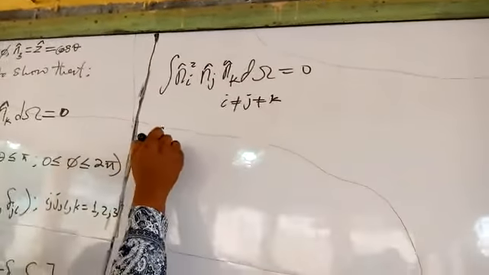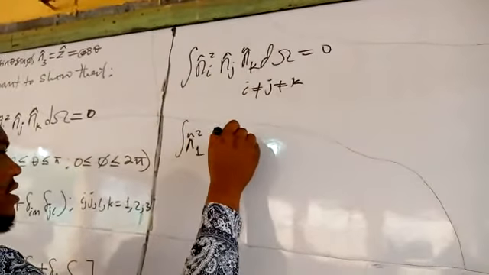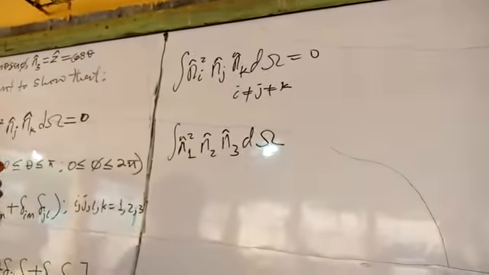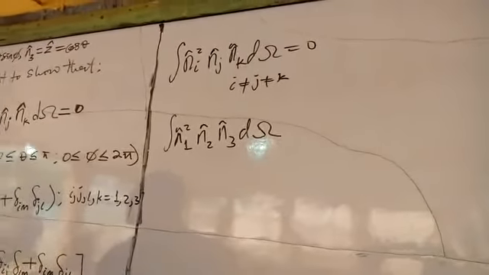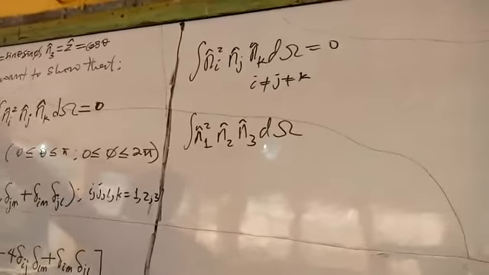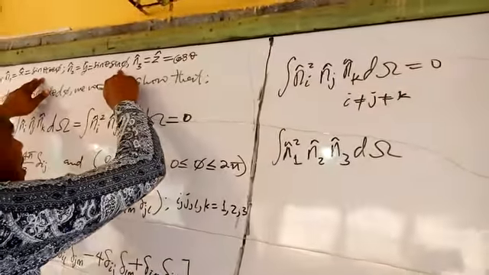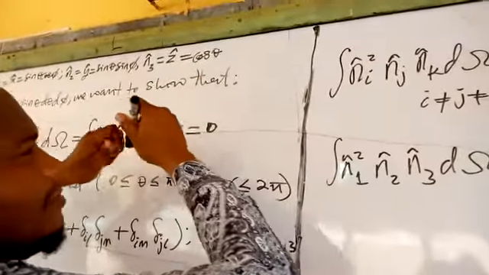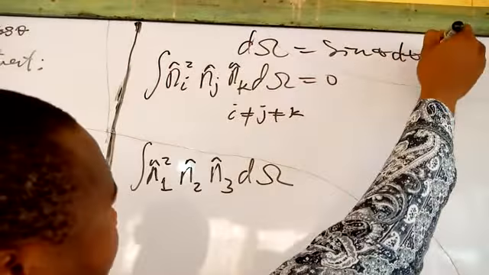So I can simply just do the obvious, n sub 1, n sub 2, n sub 3, d omega. Let's see what that gives us. And in this case, then I can say, well, of course, I'm going to be squaring this first term. And if you recall, I'm going to multiply it with this and that. Then, of course, remembering that d omega again is equal to sine theta, d theta, d phi.